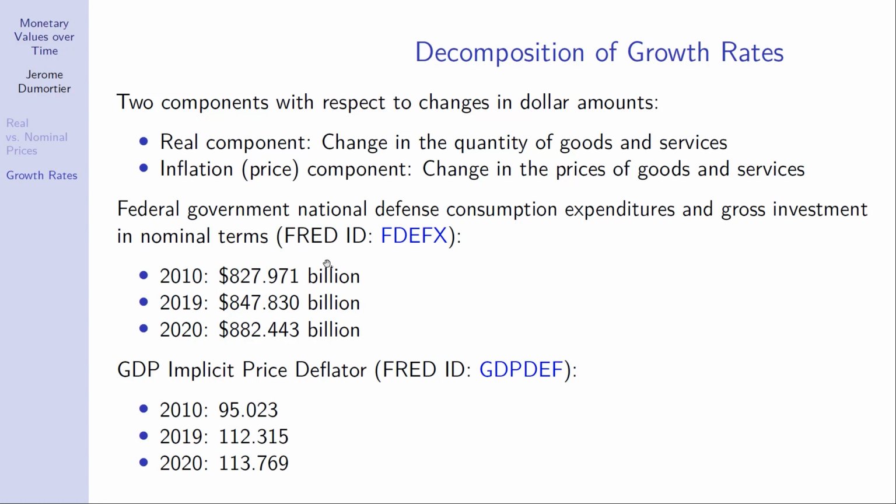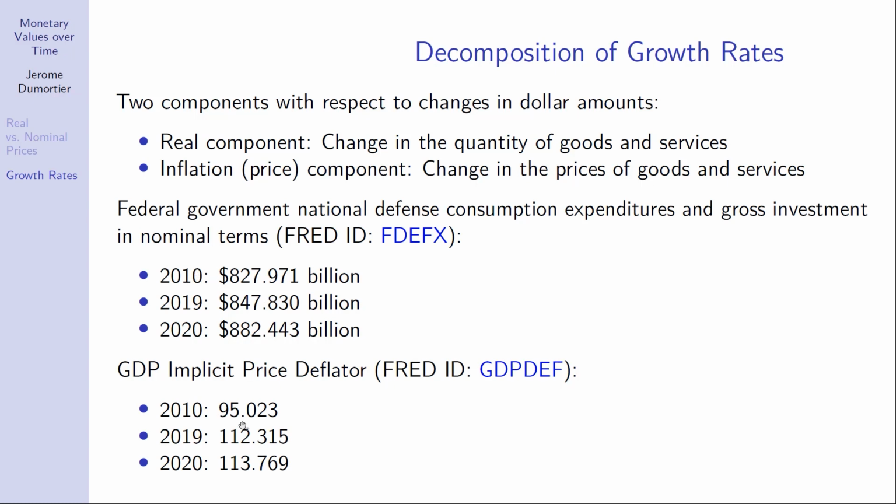Now at the same time, we also have the implicit price deflator. You can think about this as a more comprehensive alternative to the CPI, because it includes all products not only purchased by consumers but also by firms, government, etc. You can see how this implicit price deflator has evolved over the same period from 2010 for 2019 and 2020.